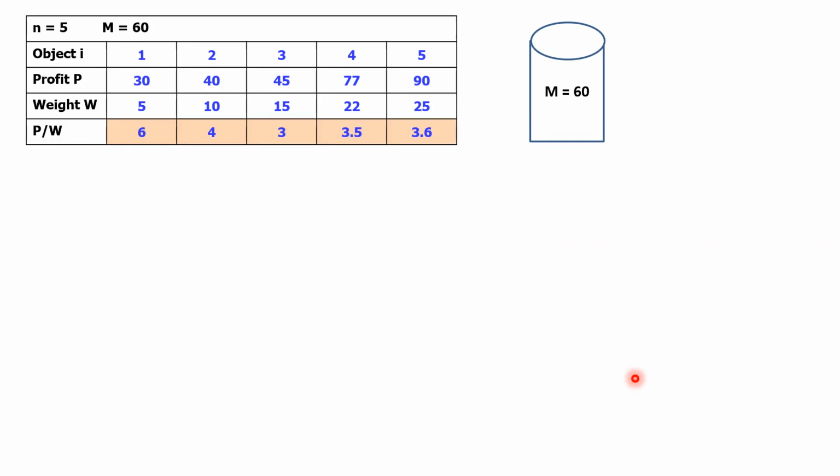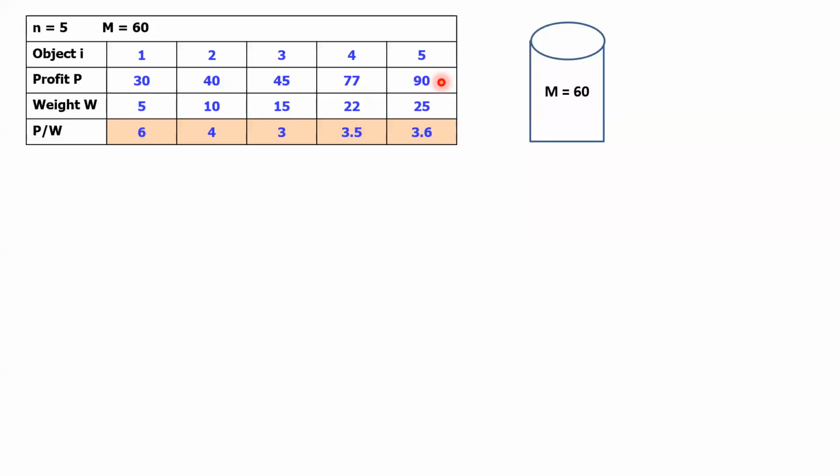The constraint for the problem is that the knapsack has a maximum capacity, which is equal to 60. So this is the given constraint, and the objective function is to fill the bag to earn the maximum profit.